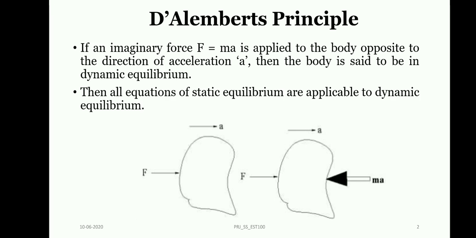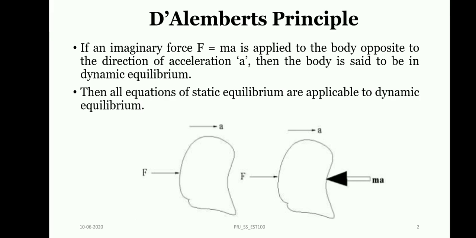So if an imaginary force F equal to ma is applied to the body opposite to the direction of acceleration, then the body is said to be in dynamic equilibrium. Then all the equations of static equilibrium are applicable to dynamic equilibrium. Here, consider a rigid body, applied a force F on the body, it moves with an acceleration a.